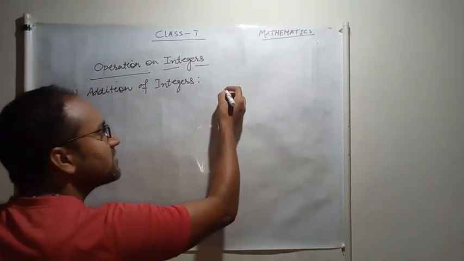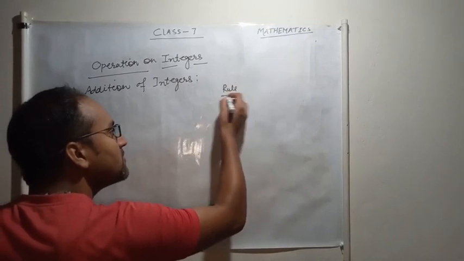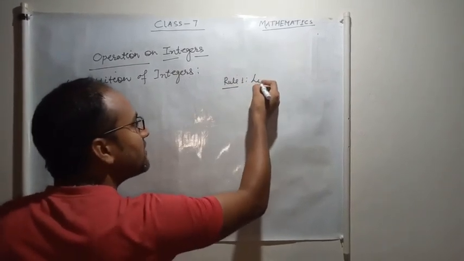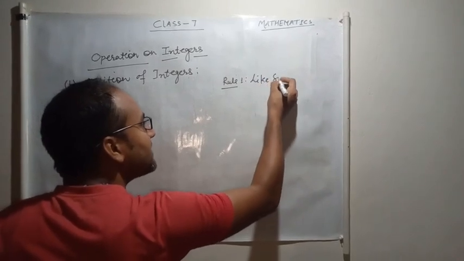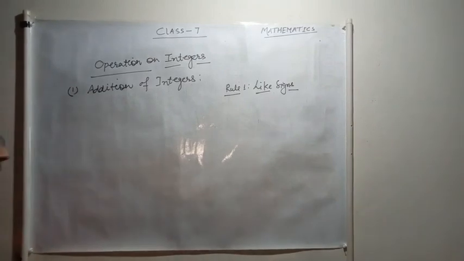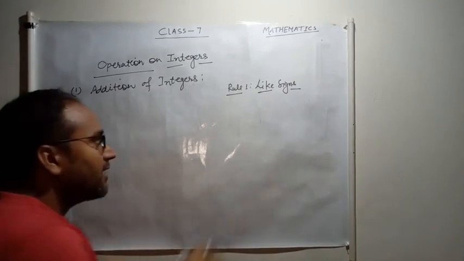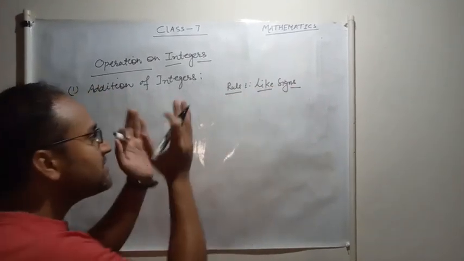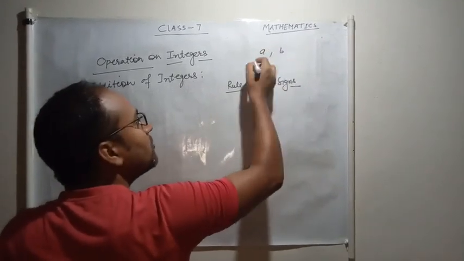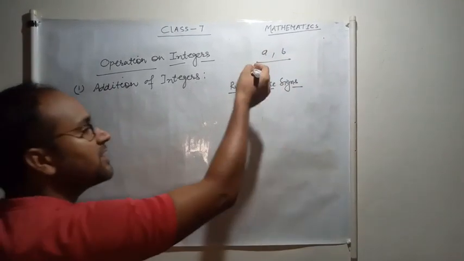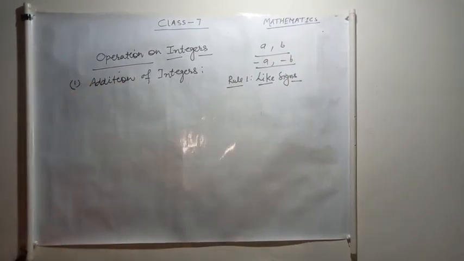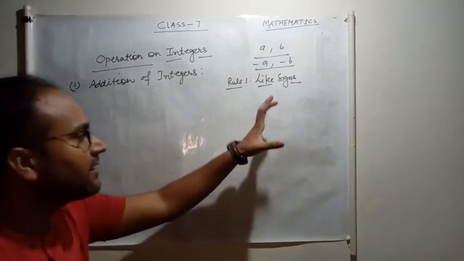First rule is for like signs. Like signs means the same sign: if we take a and b, both are positive, or minus a and minus b, both are negative. So that rule is based on like signs.